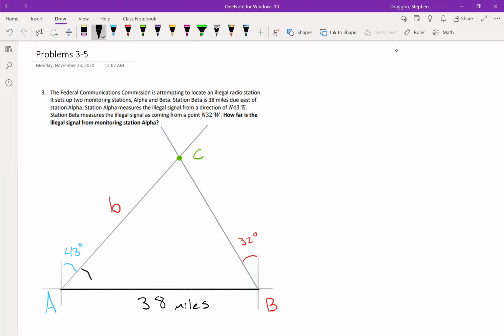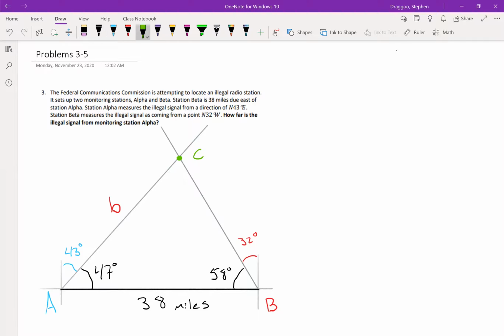So over in the left corner, the actual measure of angle A is not going to be 43 degrees, but instead be 47 degrees, since it should be the complement of 43. Likewise, the measure of angle B should be the complement of 32 degrees, which works out to 58 degrees.